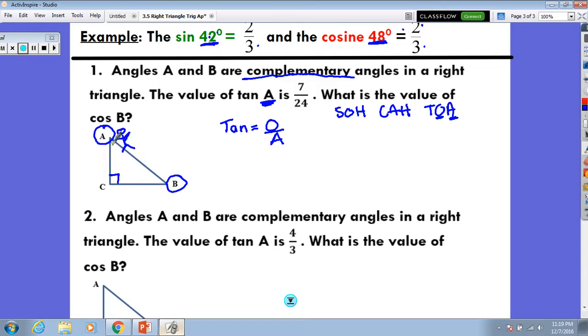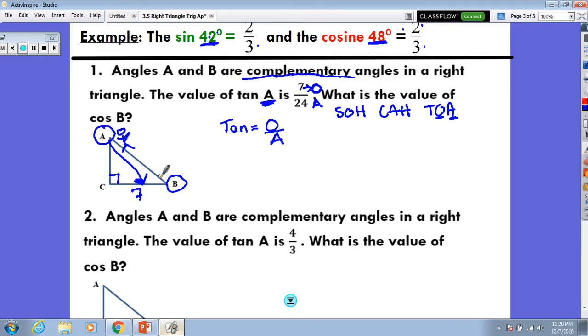Well, if I look at my picture, the opposite side of A would be this side, BC. And by looking at my fraction, 7 is the opposite side. So that means this side has to equal 7. Okay? A would be adjacent, and that would be 24.